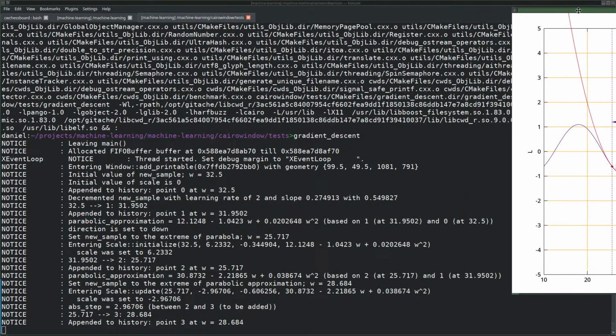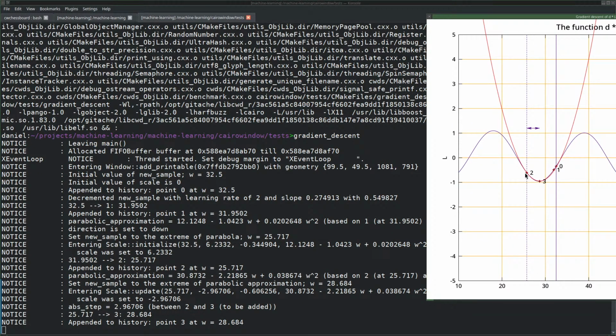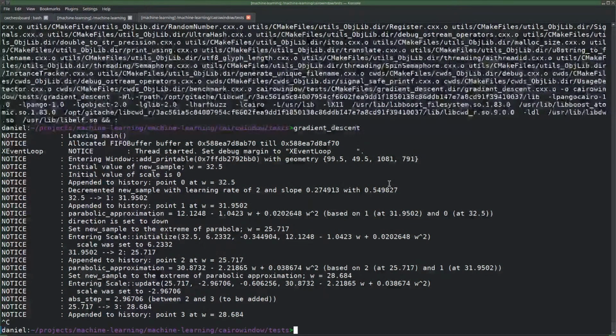And now it says based on 2 and 1, the last one. 2 and 1, okay. Well, then I guess my lines should go through 1. And the dots should go through 3. This is total nonsense anyway.